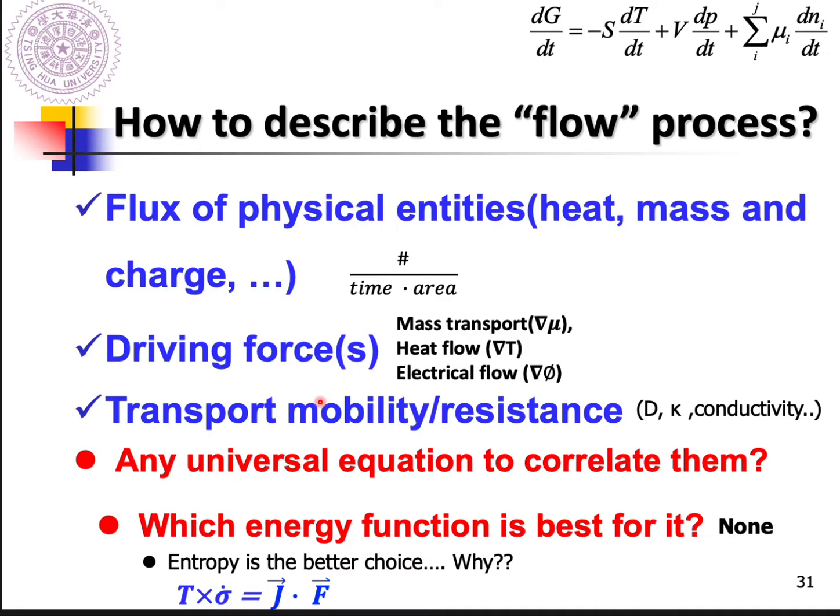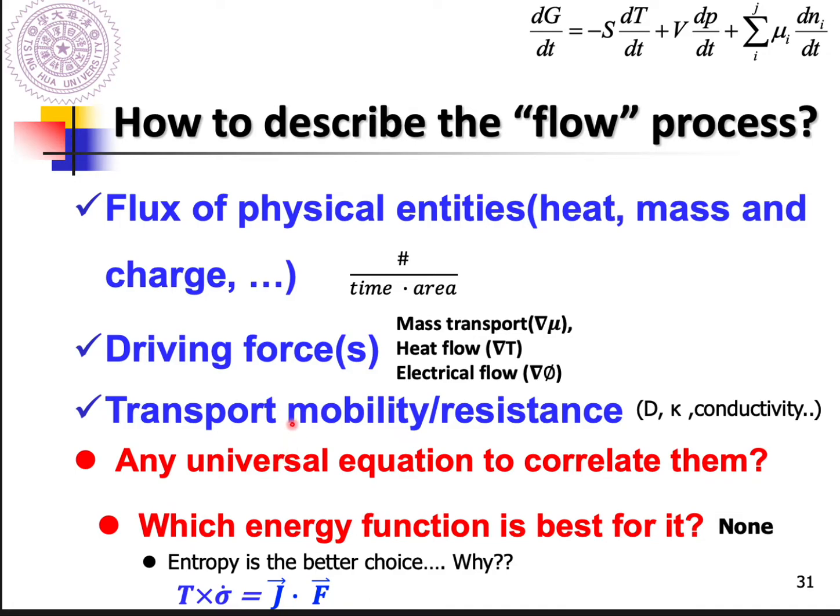If we apply the same driving force on different materials, the flux is definitely different, due to their different intrinsic material properties. So this flux term already gives us some information about the intrinsic material properties.